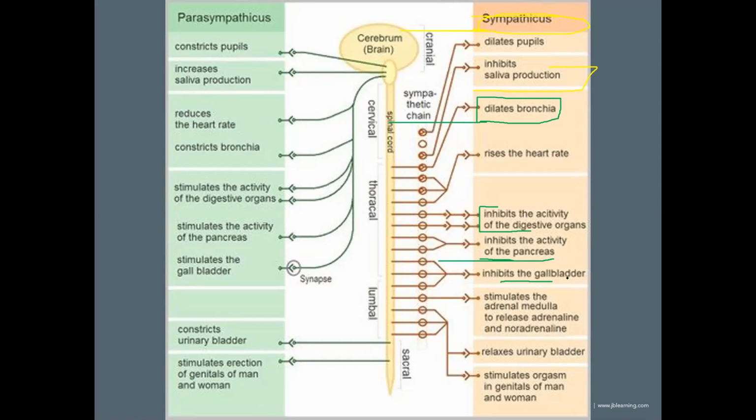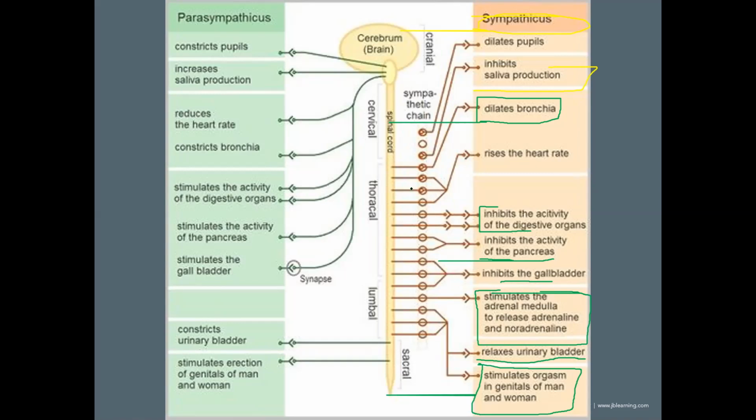Inhibits the gallbladder, stimulates the adrenal medulla to release adrenaline and noradrenaline, or epi and norepi. So that's one of the things it does. Relaxes our urinary bladder. And so if we were thinking about being excited, this is what happens.